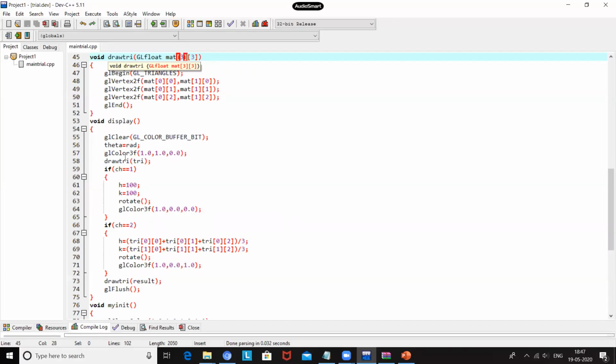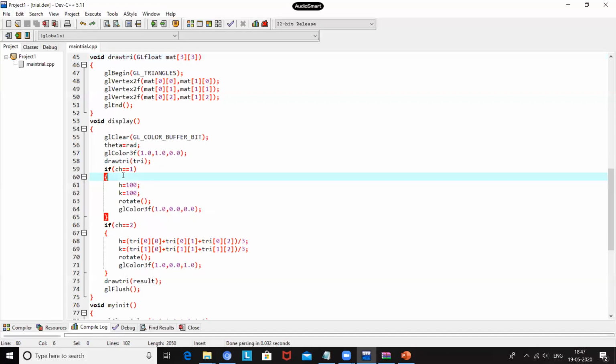Here glColor3f is taking the three values: red, green and blue. Because red and green are both one, the initial color of the triangle will be yellow, because equal quantities of red and green have been mixed.